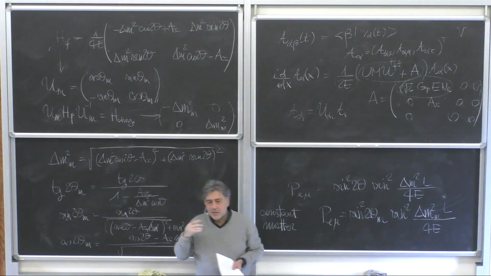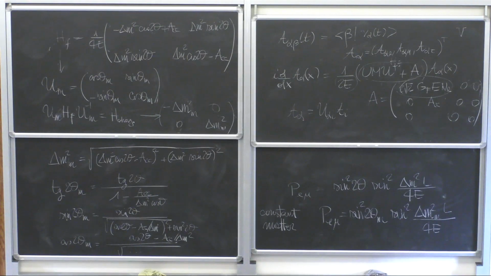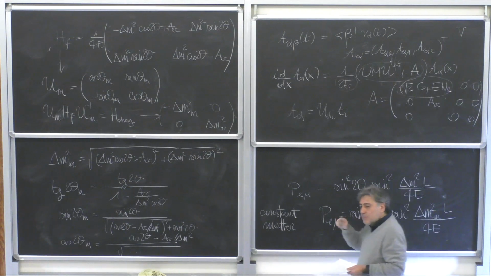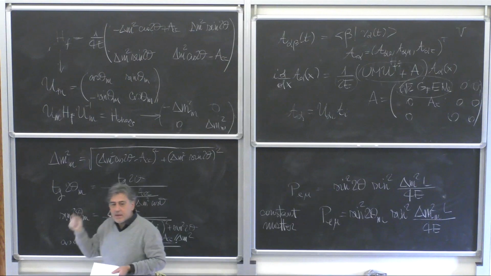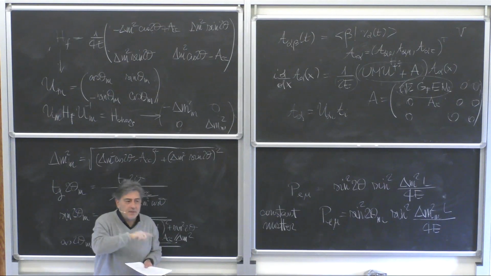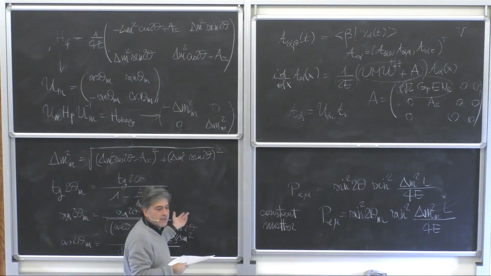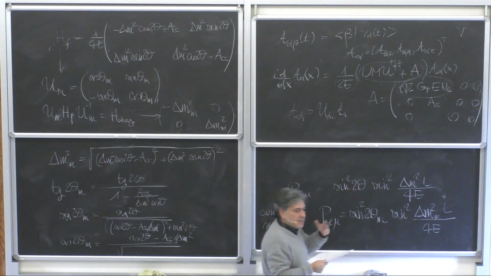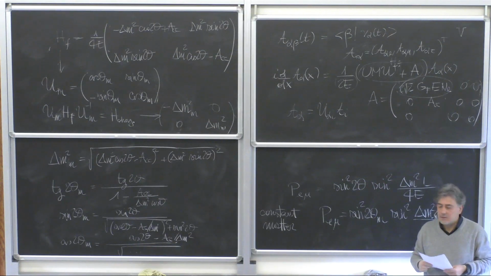The same formula holding for the vacuum oscillation will hold for matter oscillation if we replace the vacuum angles with the matter angles, but the expression for these angles is complicated, and the delta m squared with the matter delta m squared.